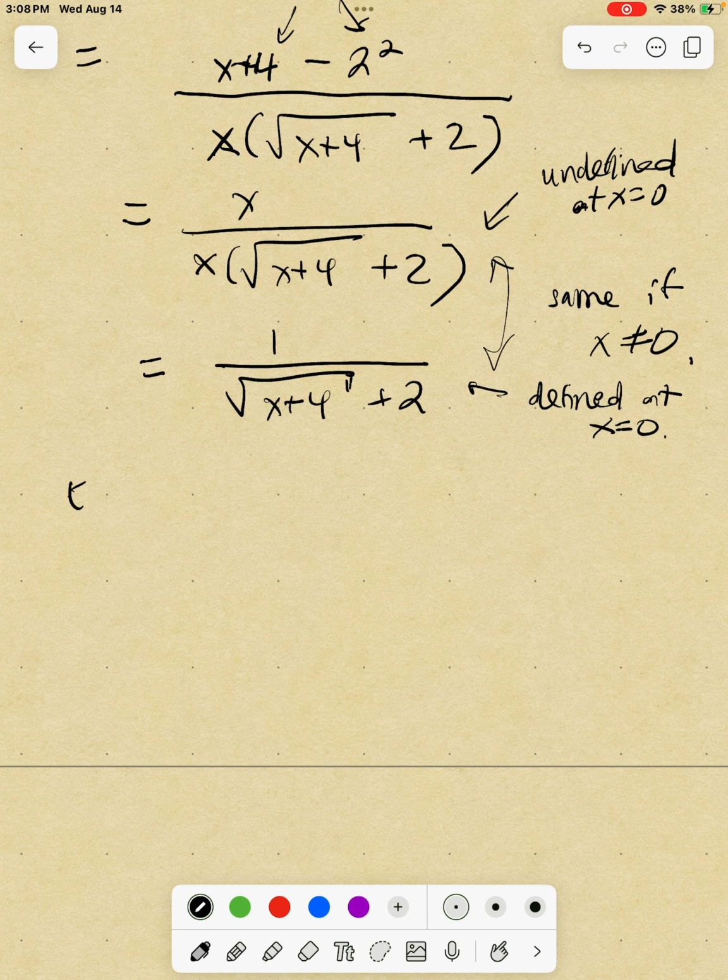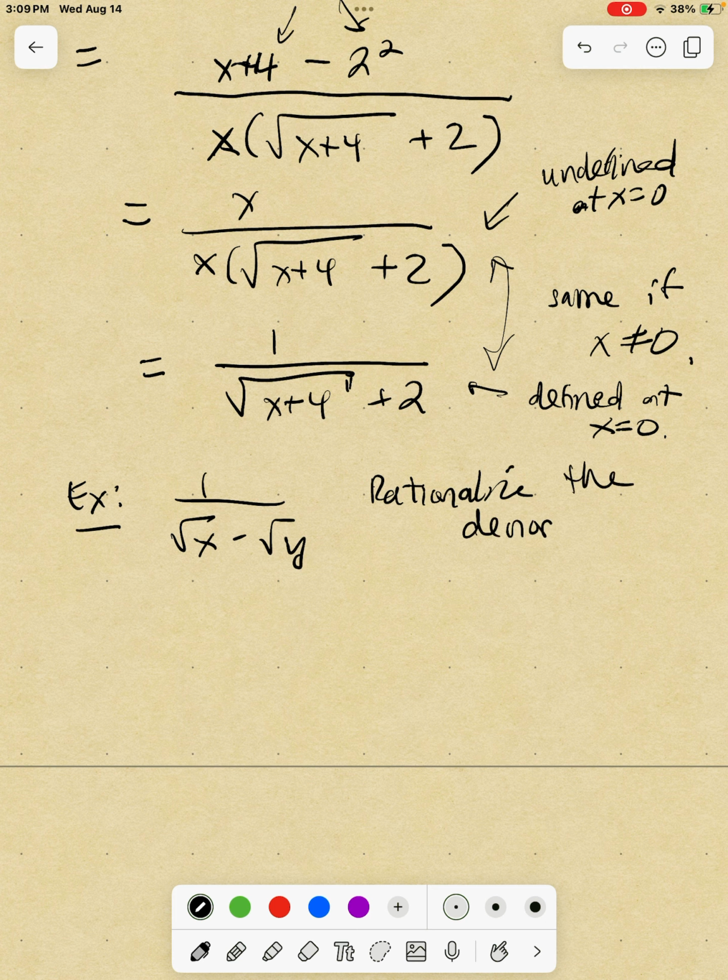Okay, so let's say that you had 1 over the square root of x minus the square root of y. So to rationalize, and we're trying to rationalize the denominator, right? Because it's the denominator that has the square roots.